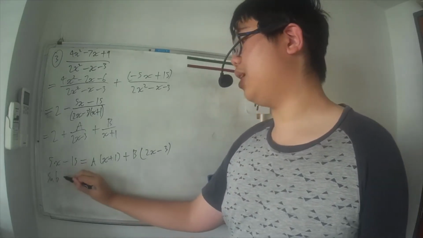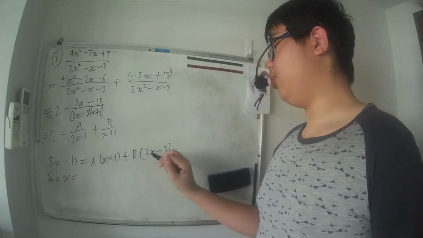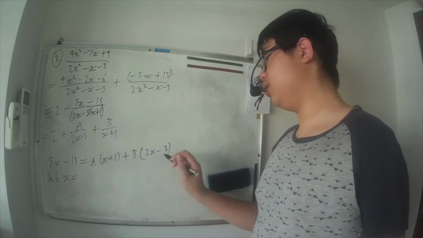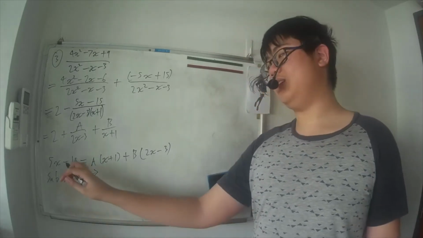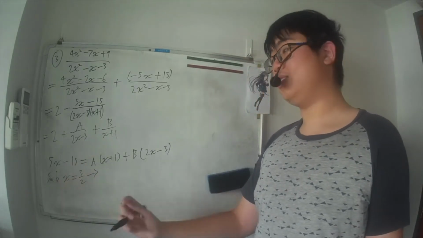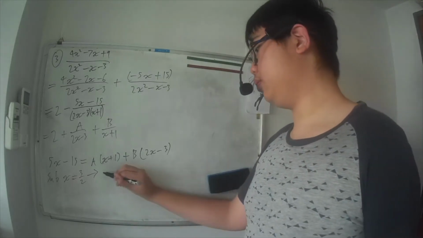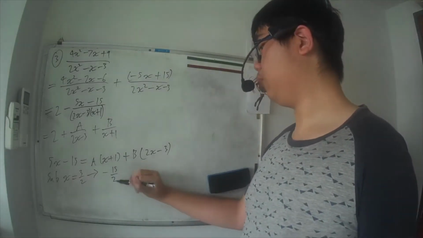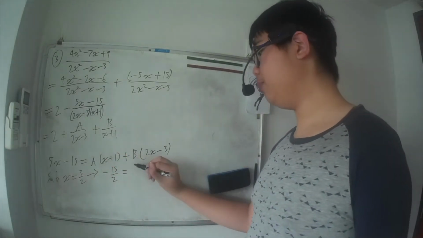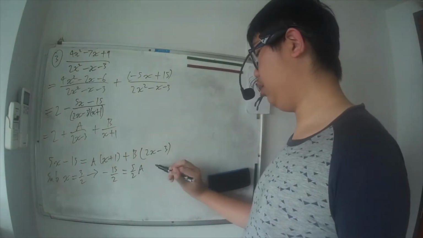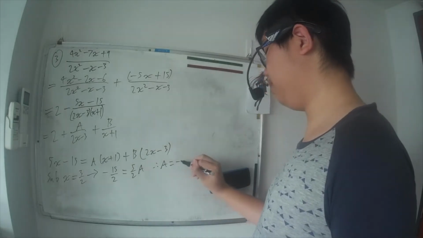Let's say we sub x equals to, we want to get rid of b first, so we can solve for a. So let's put 3 over 2. What do we have? This is 15 over 2 minus 15, which is negative 15 over 2. This will become 5 over 2 a, and therefore a is equal to negative 3.